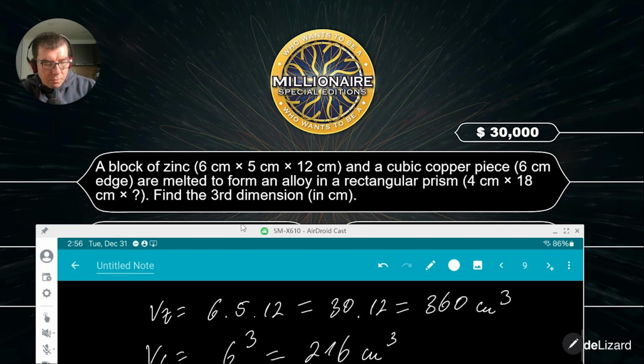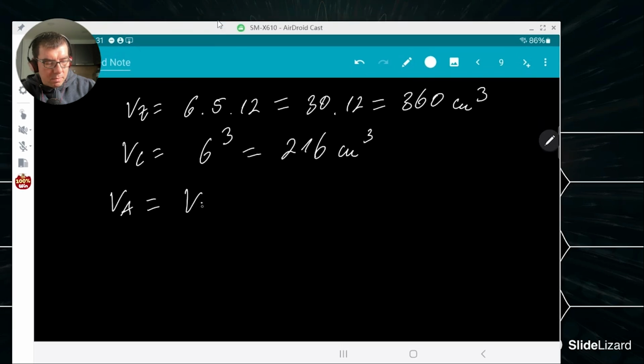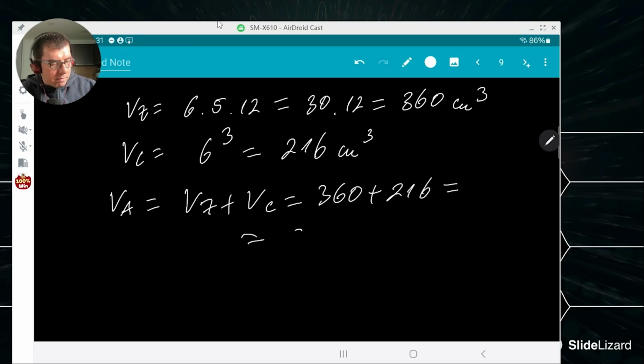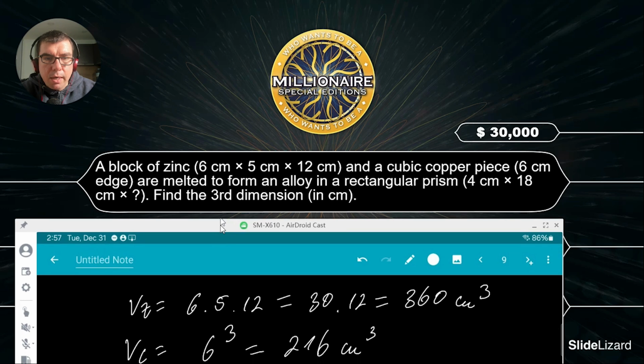Then the volume of the alloy will be the volume of zinc plus the volume of the copper, 360 plus 216, this is 576 centimeters cubed.